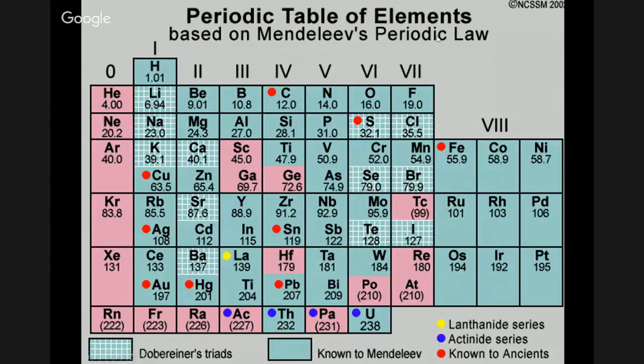So it's by no means exactly the same as our periodic table, but it follows a lot of the same trends. You can see that the rows basically match our own. And everywhere where you see something pink, we have something that was not yet known to Mendeleev, and yet he left space for them, which is pretty amazing.